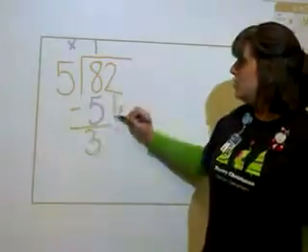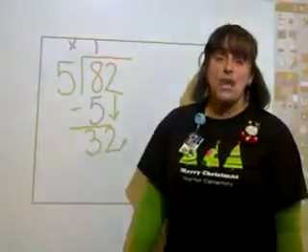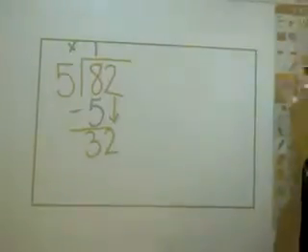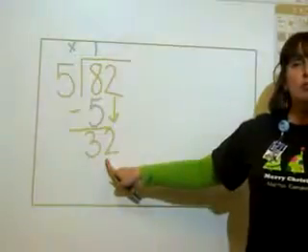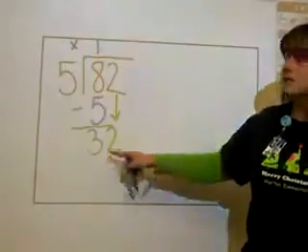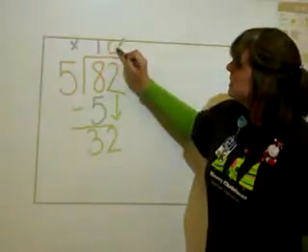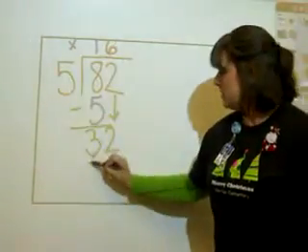Your next step is to bring down your next number, 32. Now you need to ask yourself, right back from the beginning, how many groups of 5 can you make out of our new number of 32? Counting by 5s, you know you can make 6. So you record your 6 above the 2. 6 times 5 is the same as 30.